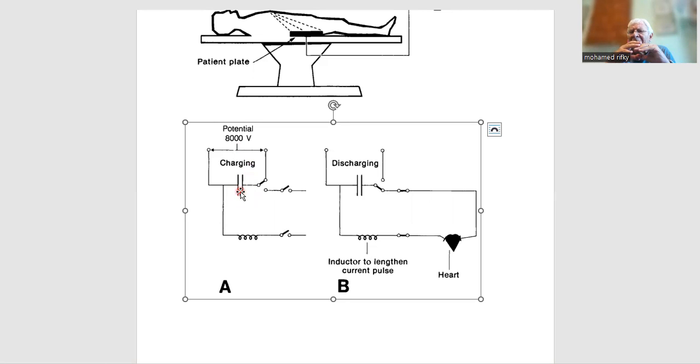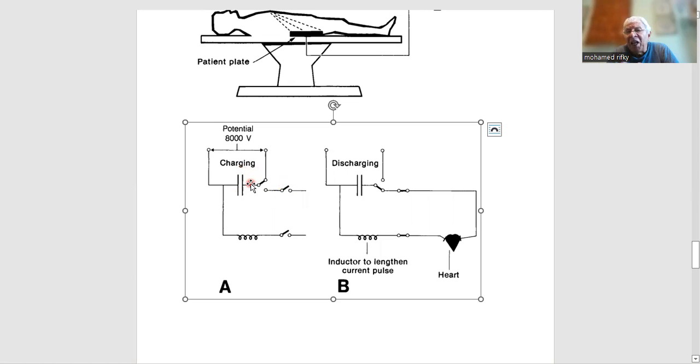So the capacitor capability, which is measured in Farad, equals the collected electricity over the volt. So whenever we have 5,000, the capacitor in this defibrillator collects around 160 millicoulomb.